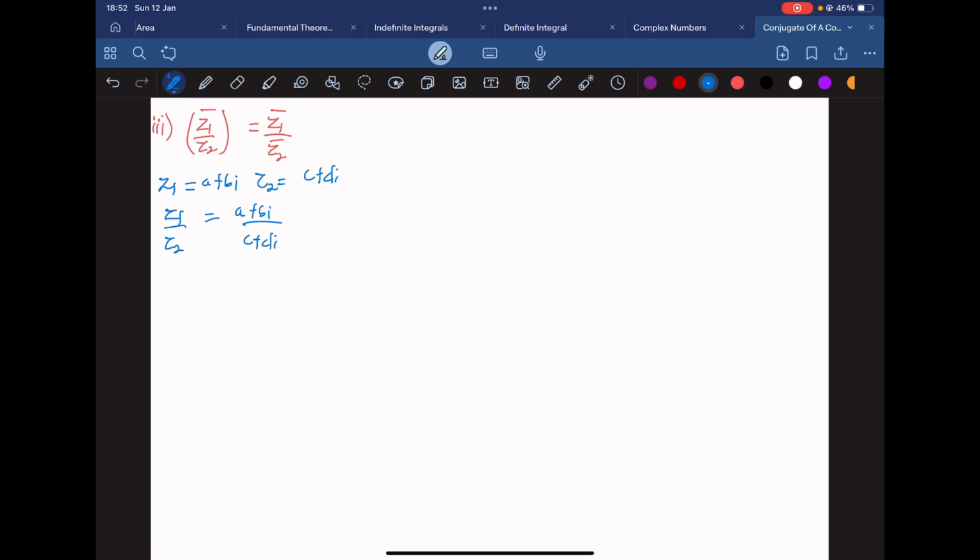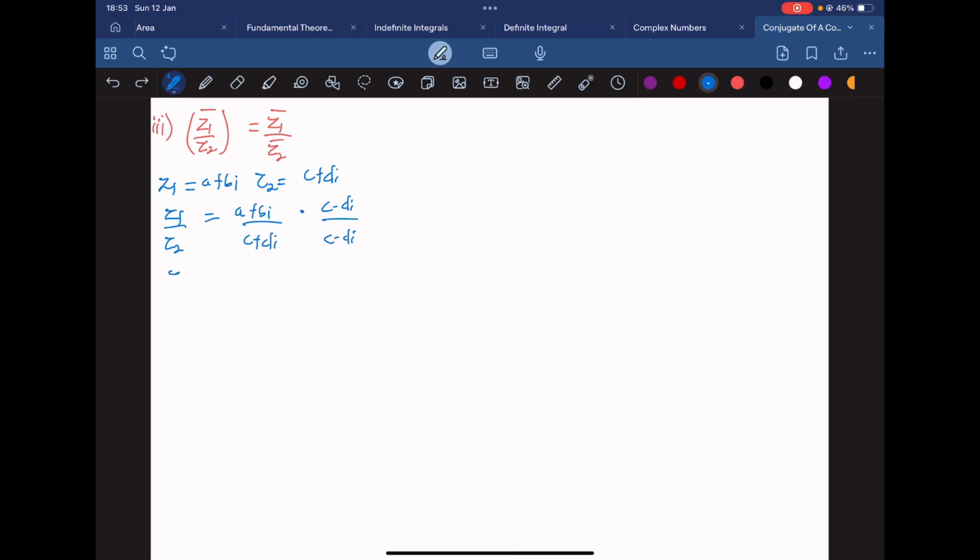Now note, whenever you have division of complex numbers, to simplify, you multiply by the conjugate of the denominator. In that case, the conjugate of the denominator is just c minus di, c minus di. Note that if you cancel out these two, you have 1, and if you multiply 1 by this, that's the exact thing that you get. So you've done nothing, right?